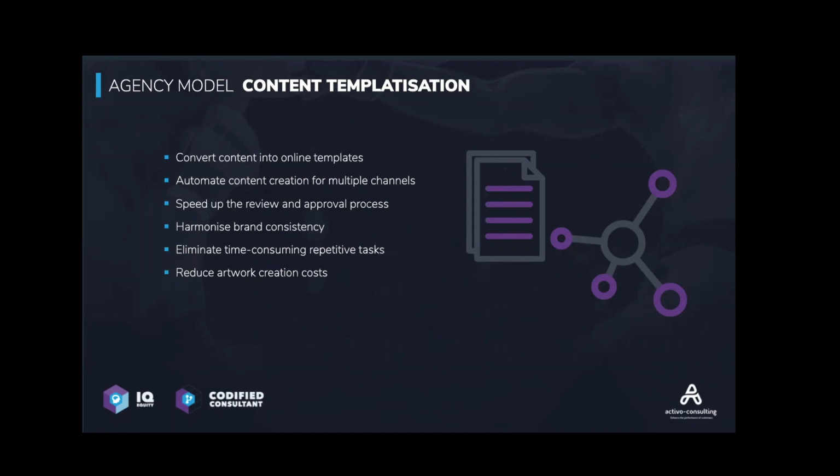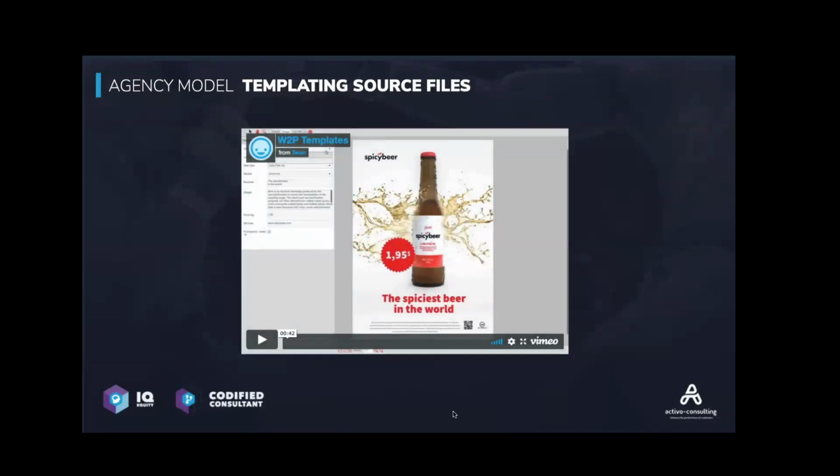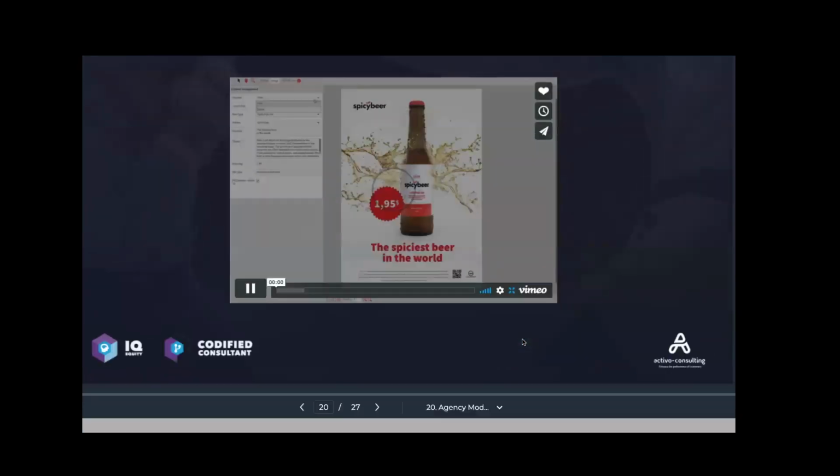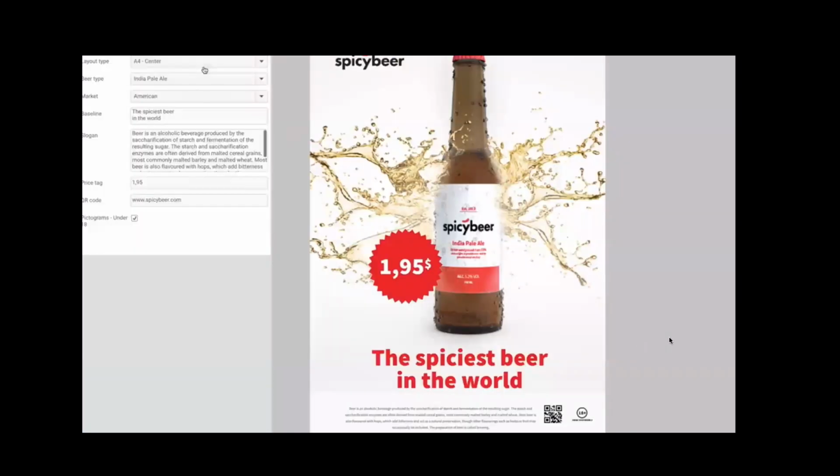How often are assets used and reused, or more importantly, recreated at the expense of the client, unaware of the value that already resides on the DAM. Next slide, please. So, how can the agency model adapt to help with content creation?